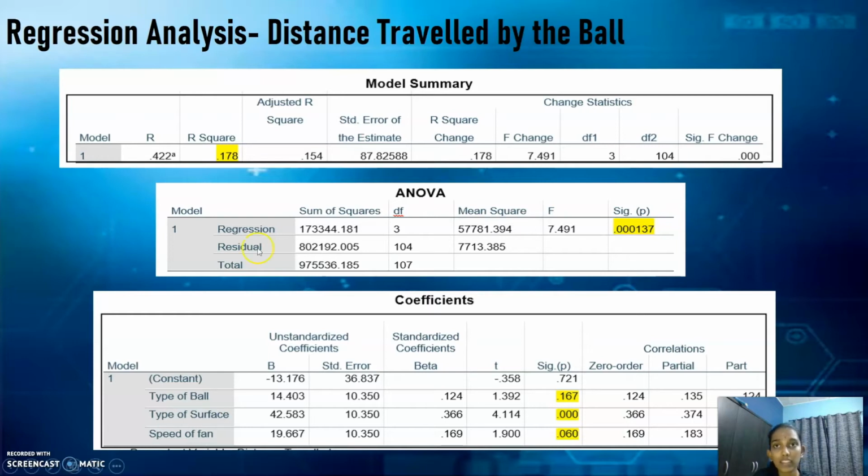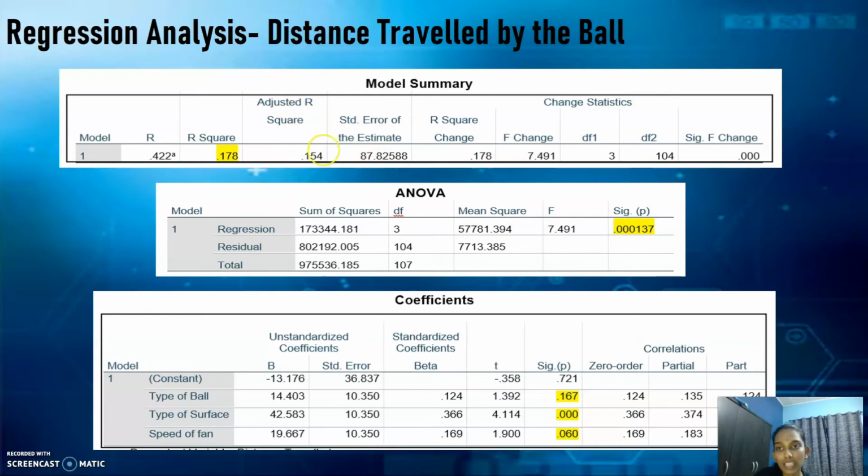So from the regression analysis, we can obtain three important tables which give us different information about the model of the data. For our first dependent variable, which is the distance traveled by the ball, we'll look into the model summary first. The model summary gives us the value of R squared. The R squared is the percentage variability of the dependent variable.